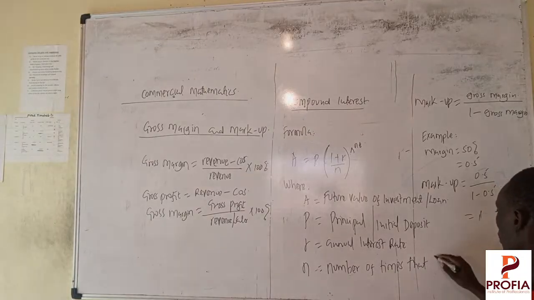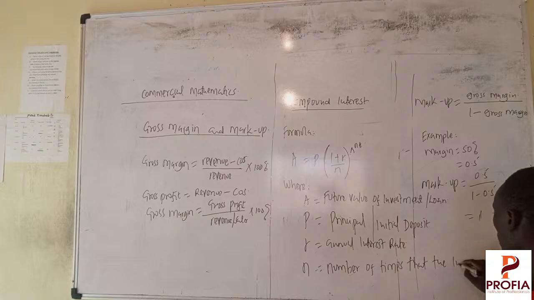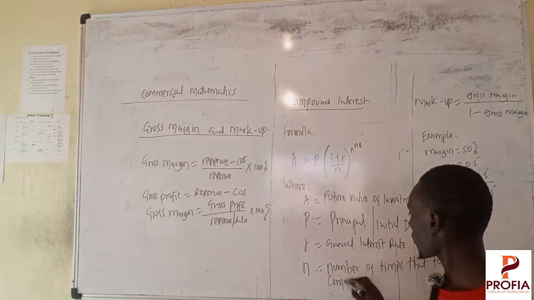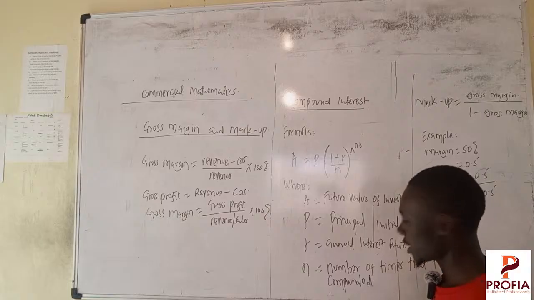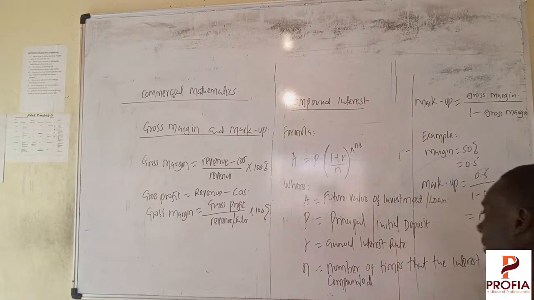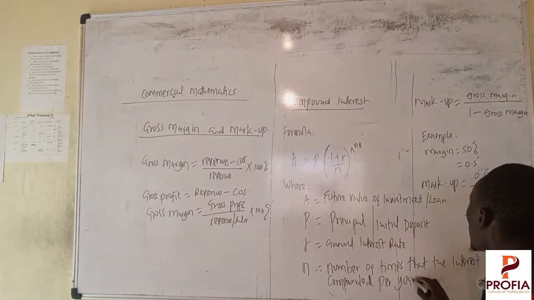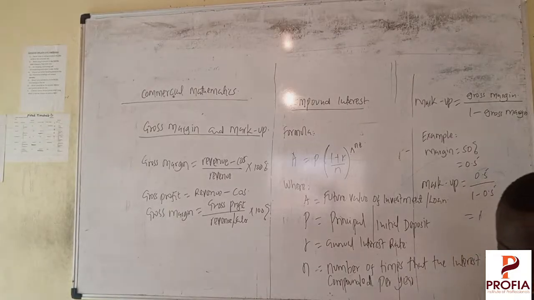N is the number of times that the interest is compounded per year.